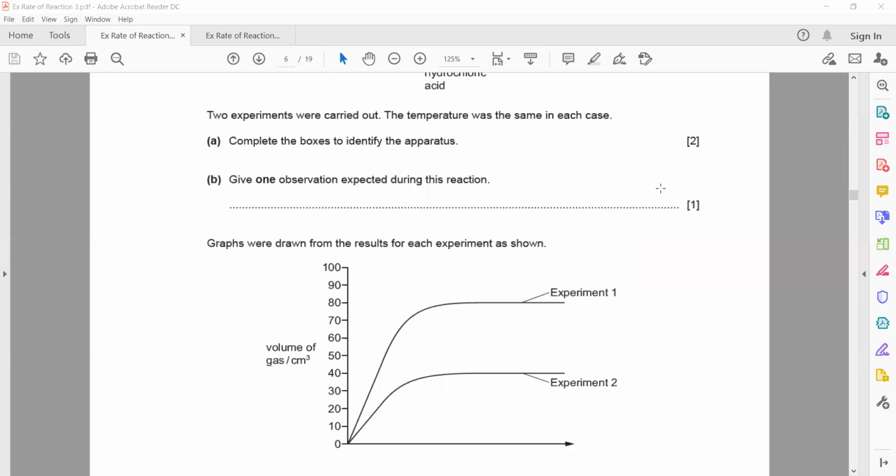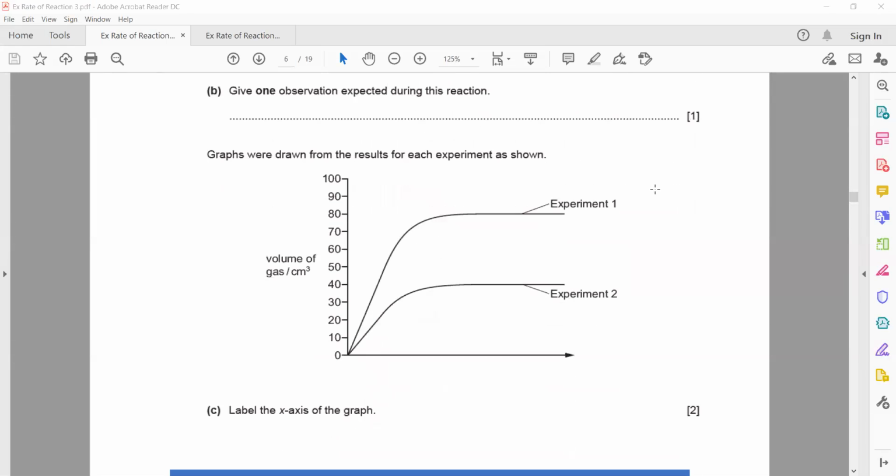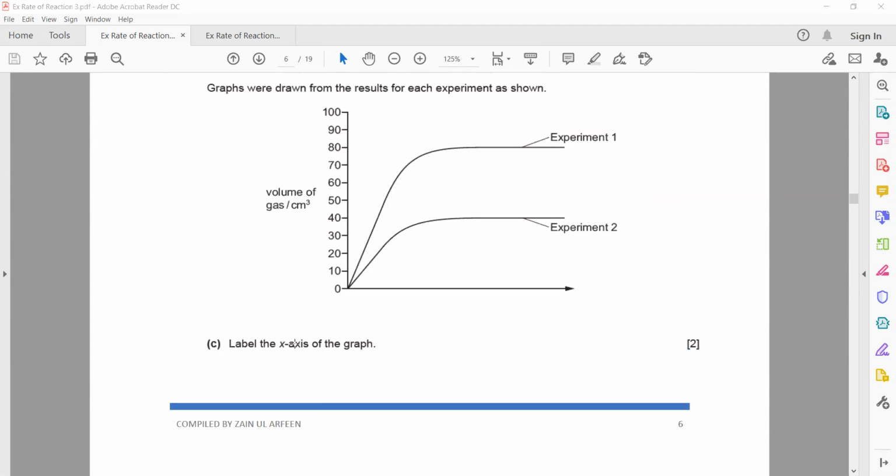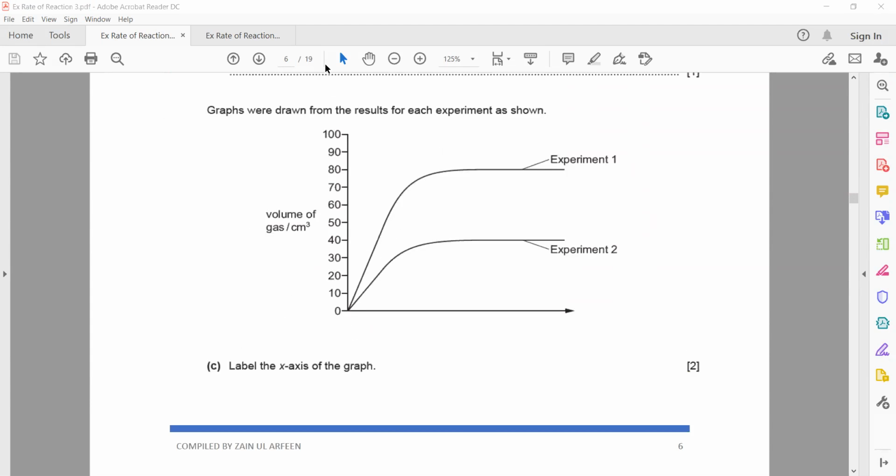The graphs were drawn from the results expected for experiments 1 and 2. Label the x-axis here. What should be on the x-axis? We should have time, and always use the unit, for example, seconds.